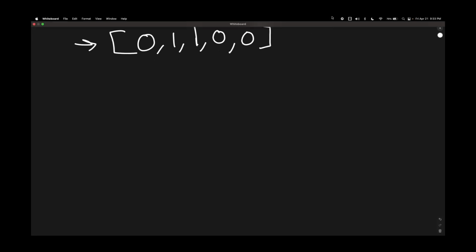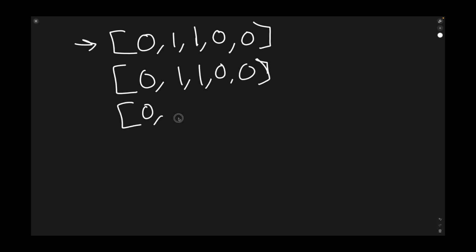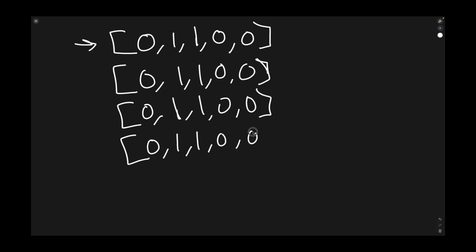One thing we're going to need to avoid in this process is having false positives. Let's give an example here. If we were to take the 0, 1, 1, 0, 0 array, it would be possible to get a net 0 from just taking the first index of the array each time.